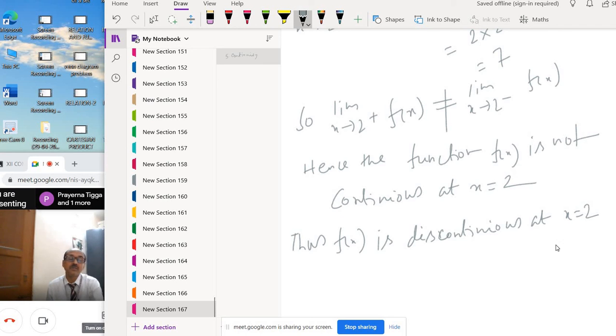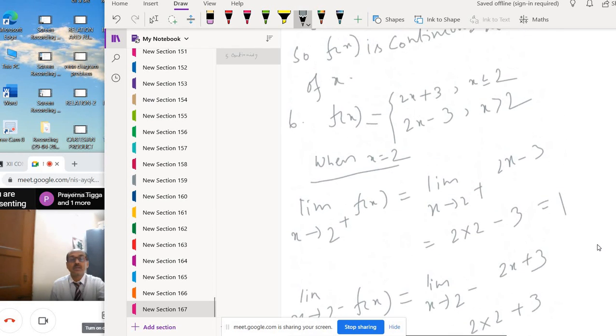This is the answer. Is it clear? Yes, sir. So both the plus value and minus value are not the same. That means it is not continuous. So the discontinuous point is x equal to 2. Okay?